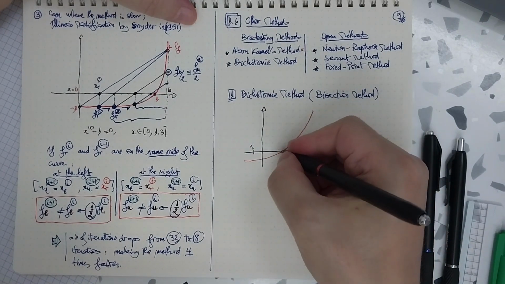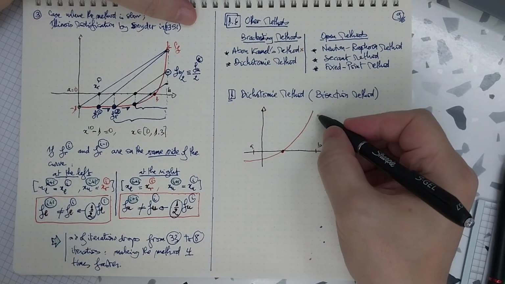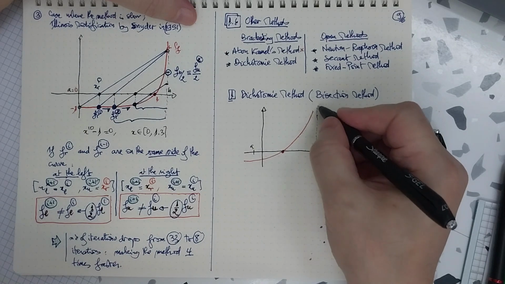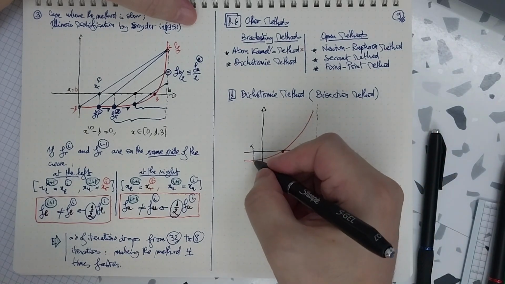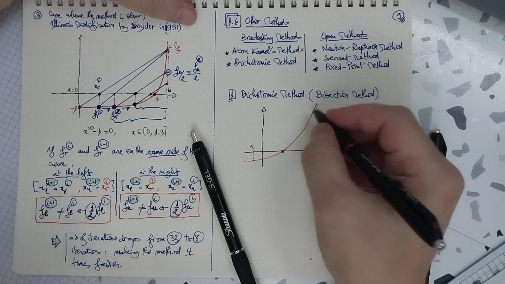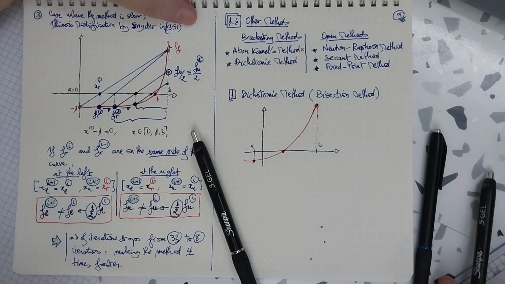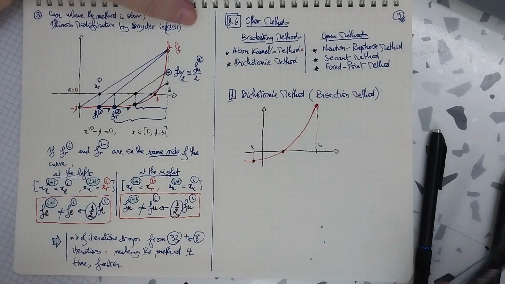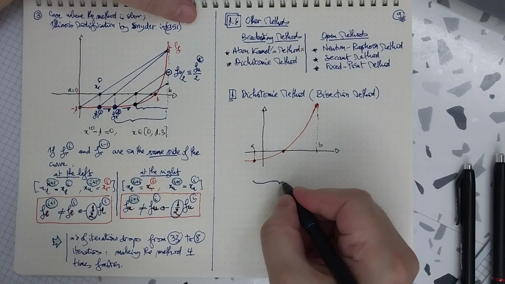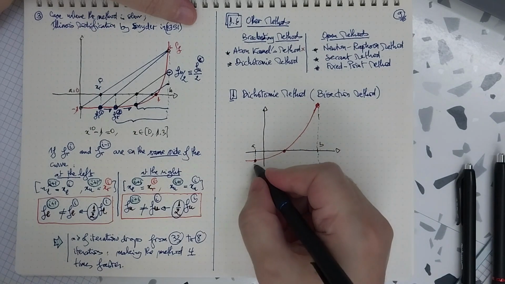This is the exact solution. These are the images of the endpoints, and this is our first interval, our input.